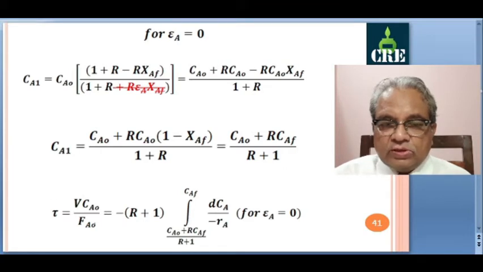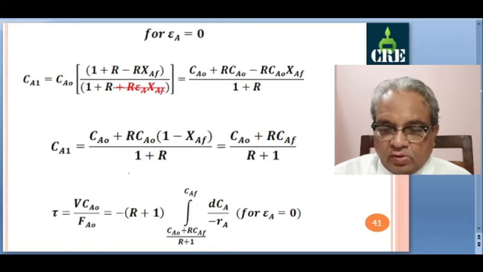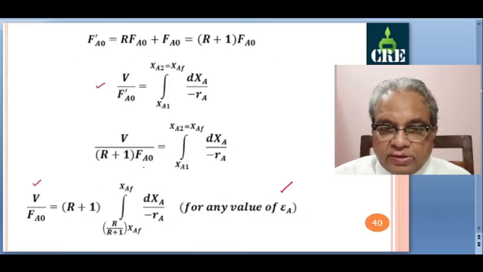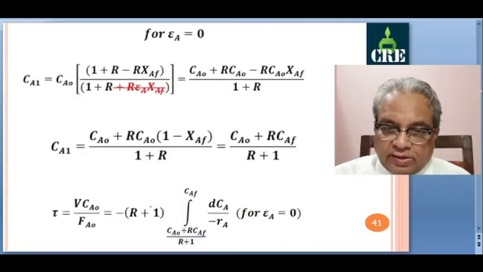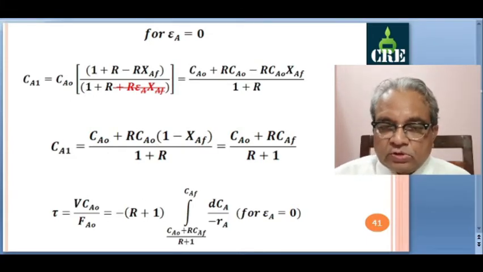We know tau is equal to V CA0 by FA0, and this can be written as minus dCA by minus rA. This r plus 1 term is there already. What we are doing here is dXA by minus rA replaced by minus dCA by minus rA. So this minus sign is here, r plus 1 is from there, and then we have to replace these terms in the integration.